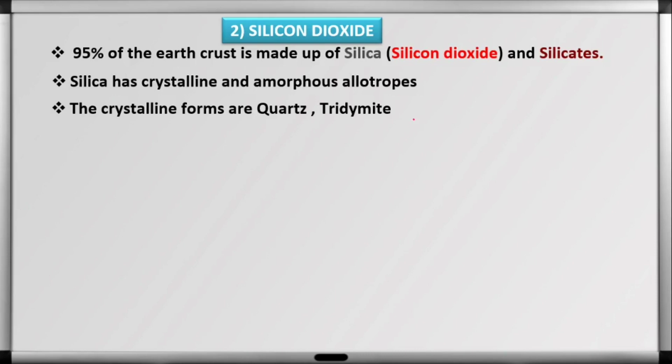Cristobalite is also there. Okay, so this is also the crystalline form. So there are three crystalline forms of silicon dioxide or silica.